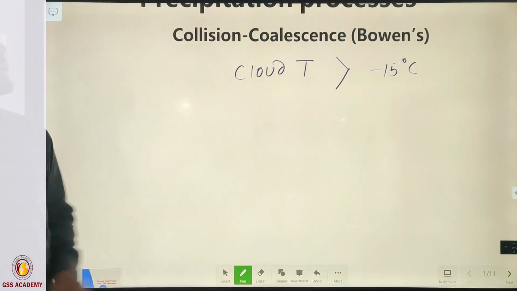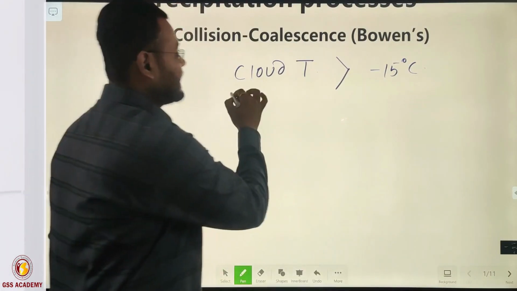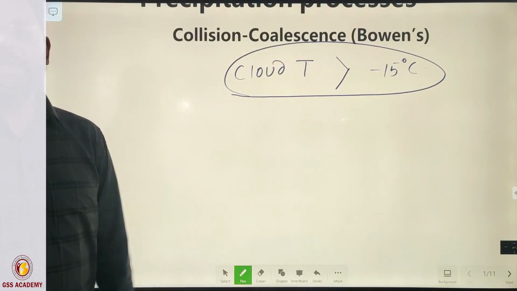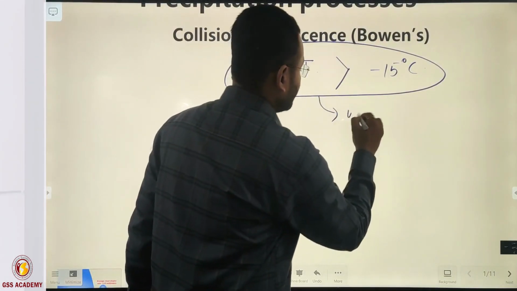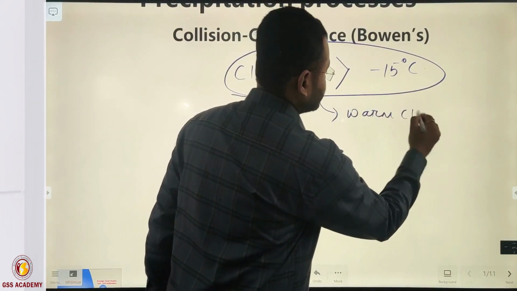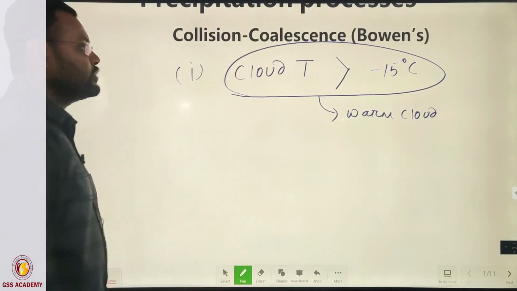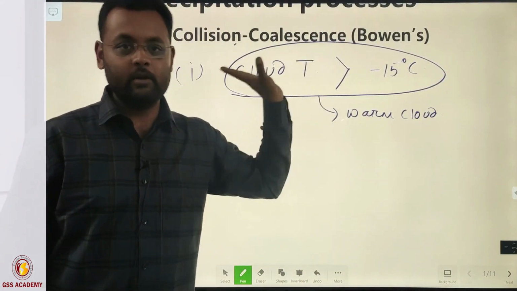The cloud top must have a temperature greater than minus 15 degrees Celsius, and such clouds are called warm clouds. So this is the first condition we need for the initiation of precipitation through the collision and coalescence process.